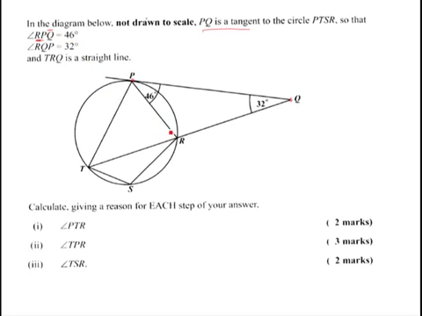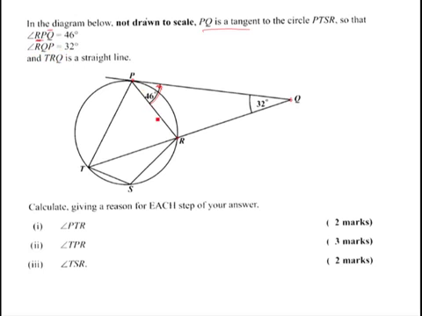We move from R, which is right there, to P, and now we turn to Q, right down there. So this angle they're looking at is right here, and this angle is 46 degrees.